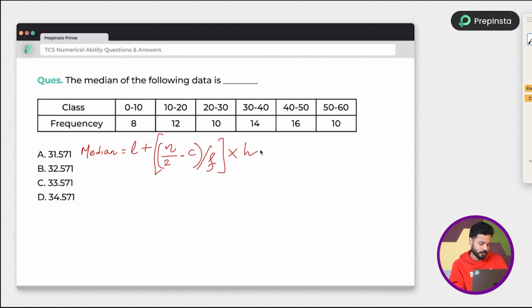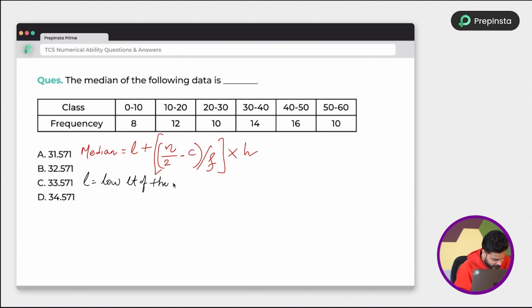What is L? Now let's start finding things one by one. The first thing that you need here is L. L is nothing but the lower limit of the median class.